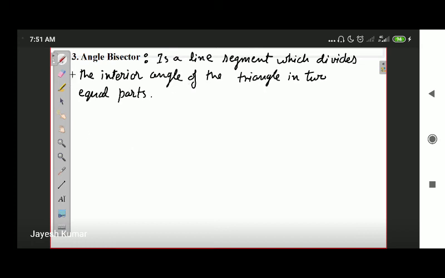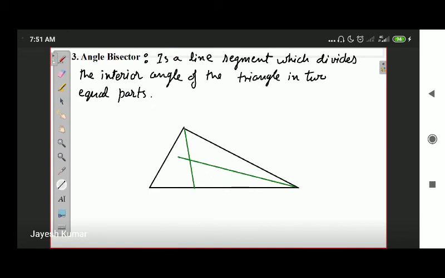Once again, on drawing a figure, this is an angle bisector right here. This angle is bisected in this manner, and finally, this angle is bisected.